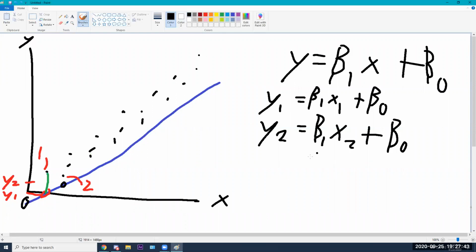Yeah, so your first point is comprised of this error and this line. So now we can actually express this point in terms of the line and an error. So this would be the prediction, and all we have to do is add an error term, plus error 1.